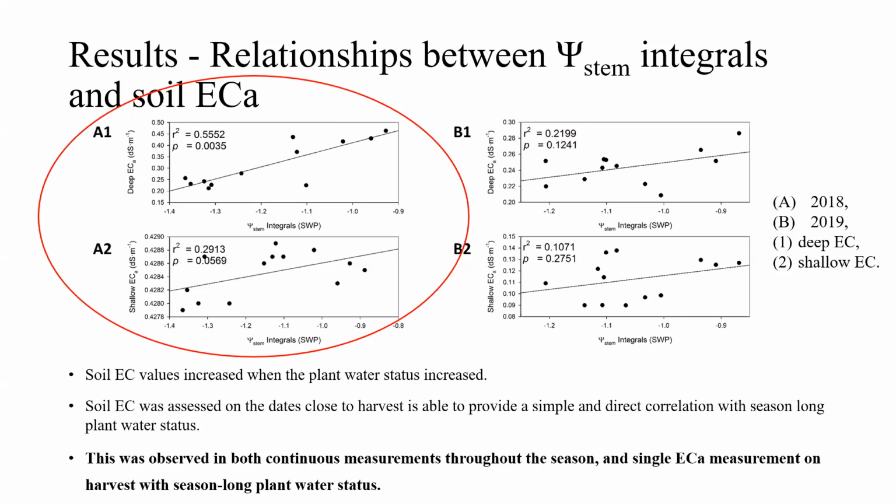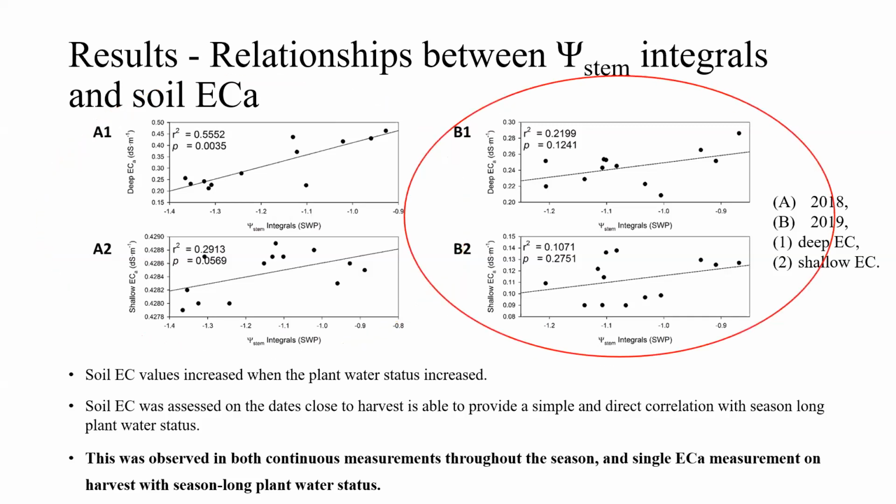A similar relationship was evident with shallow ECA, although the correlation was not as significant as deep soil EC, with a p-value of 0.056. In 2019, deep soil ECA had a moderate correlation with stem water potential, and there was only a weak correlation between the shallow soil ECA and stem water potential intervals.